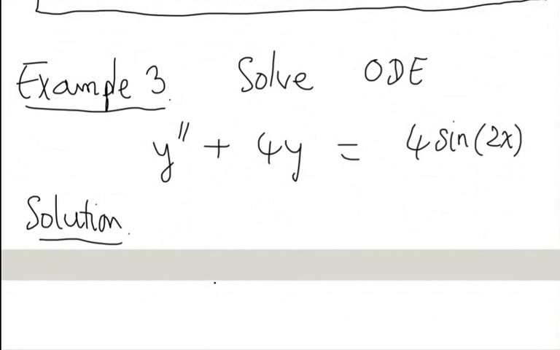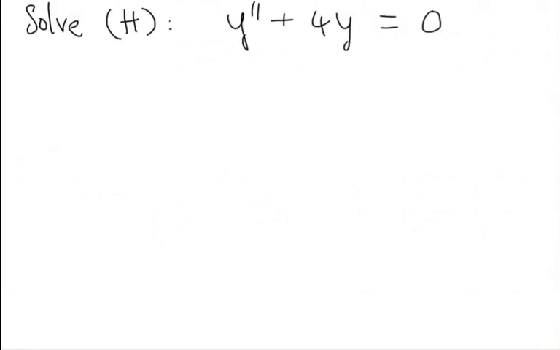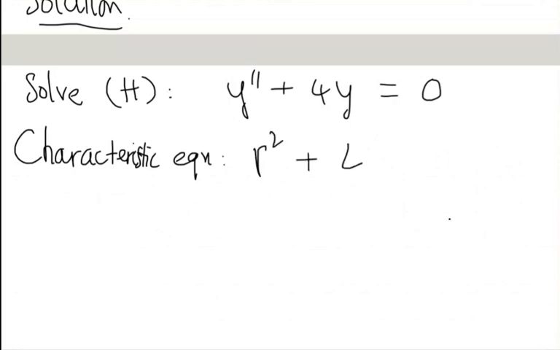So as before, we need to solve the corresponding homogeneous equation, which is y double prime plus 4y equals 0. So the characteristic equation, be careful, r squared plus 4.